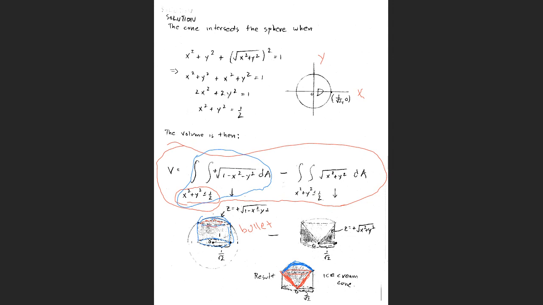This double integral, where the function is the square root of 1 minus x squared minus y squared, that's the top part of the sphere. If you take the top part of the sphere and restrict it over this region, x squared plus y squared less than or equal to a half, that volume is going to be the volume of a bullet.